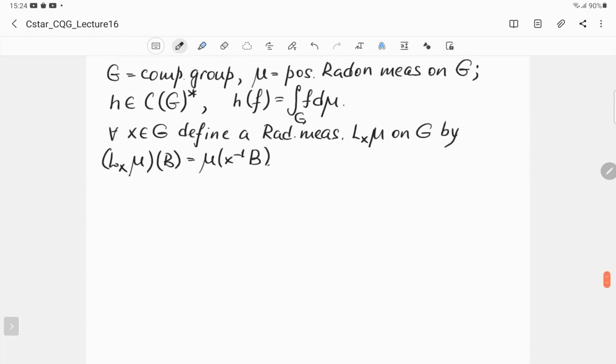So now the definition of a left invariant measure means that mu is left invariant if and only if for each x in G, mu equals L_x mu.